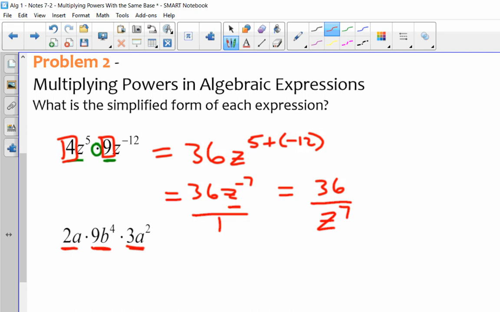Remember, if you don't see an exponent, then put a 1 where you don't see one, either with a number or in this case the variable, just to help you remember that there's a 1 there, okay? If you want to hit pause on this one and try it, then I'll do the solution, and then you can hit play again and come on back.